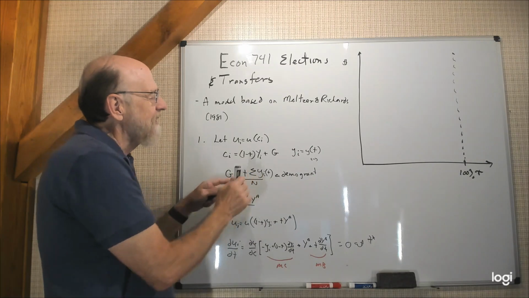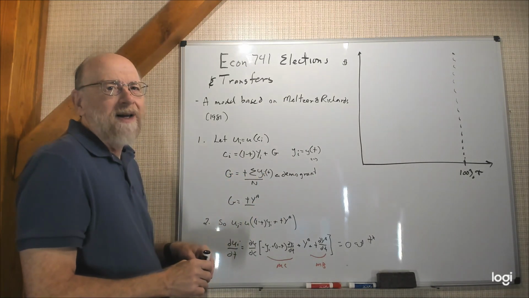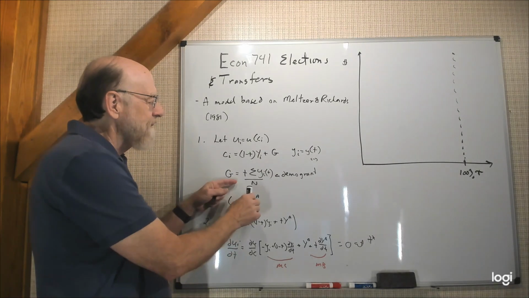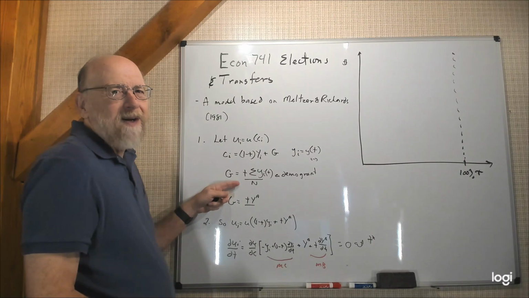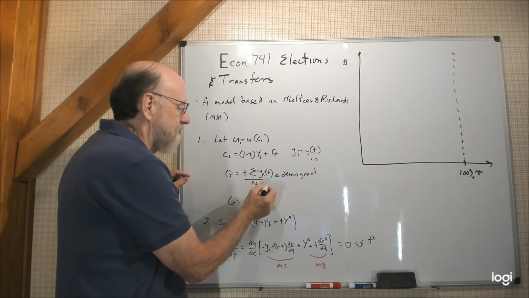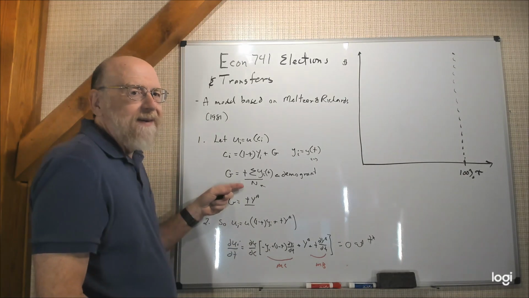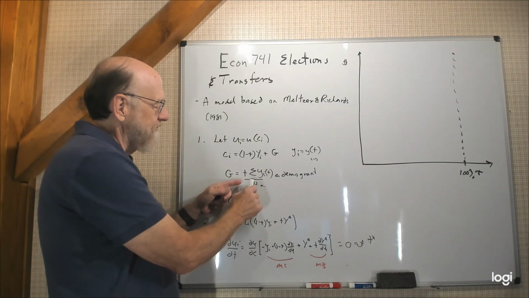So there's a kind of reduction in the tax base that takes place as the taxes rise because of deadweight loss. And then you take all that money, divide it up, and give it back to all the taxpayers as there are n people. Getting this grant. So once you have the tax revenue, you know what the grant's going to be.